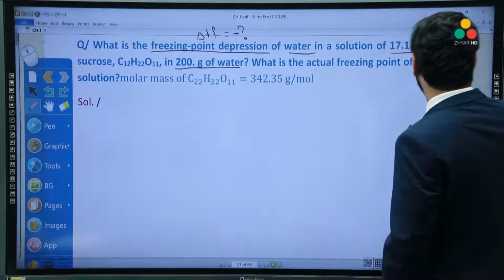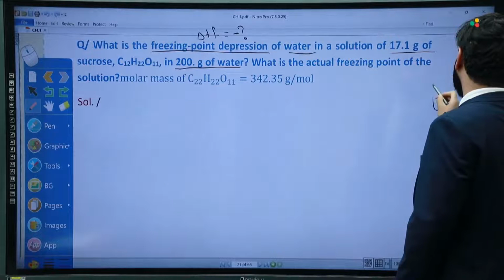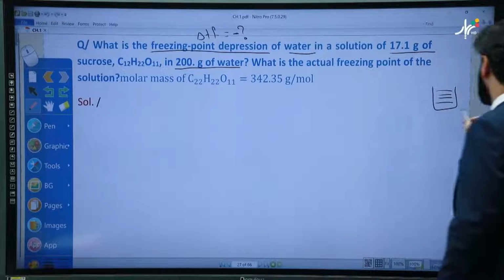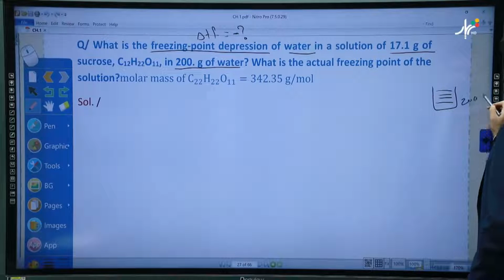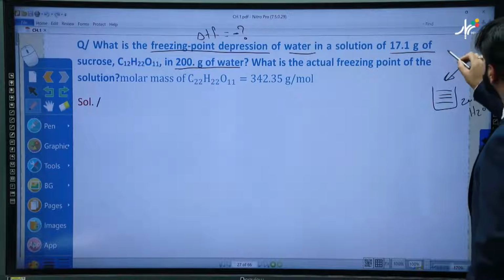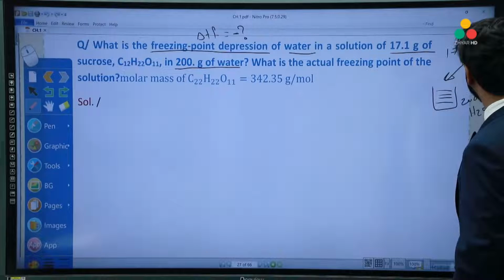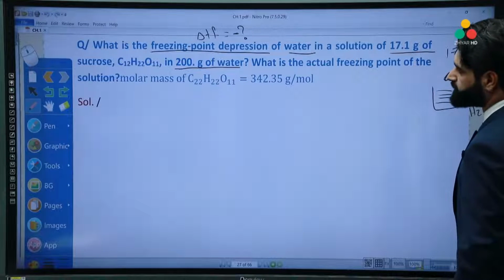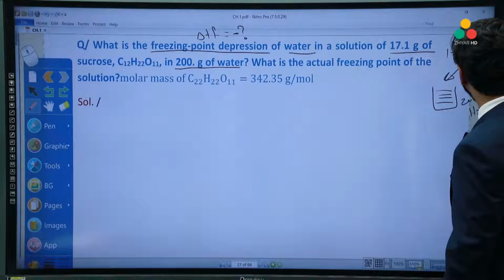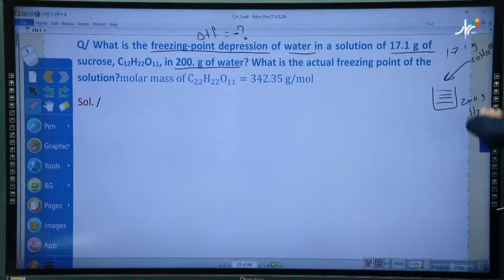It means we have 200 grams of water, and then we dissolve 17.1 grams of sucrose, C12H22O11, in it. What will happen to the freezing point?